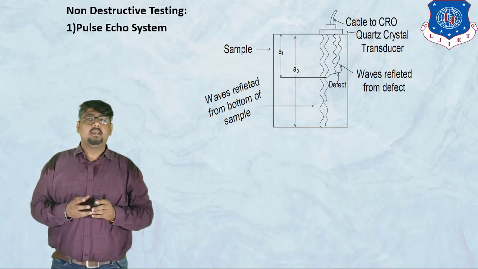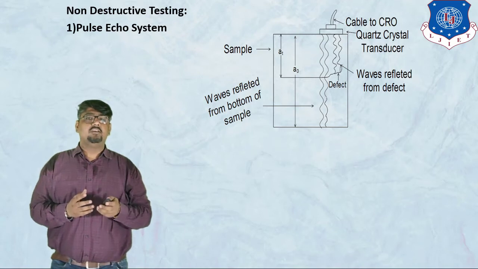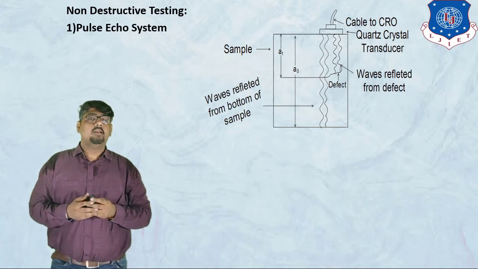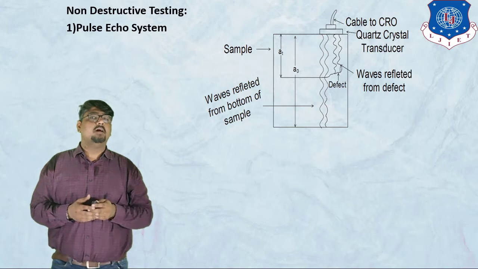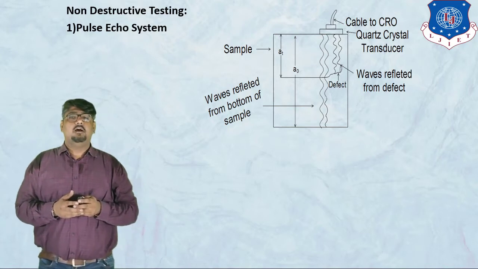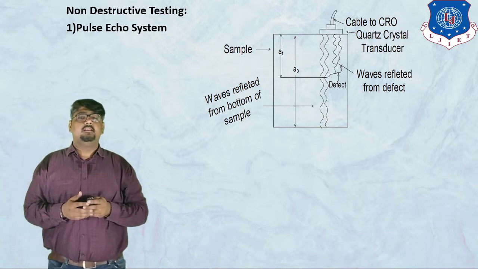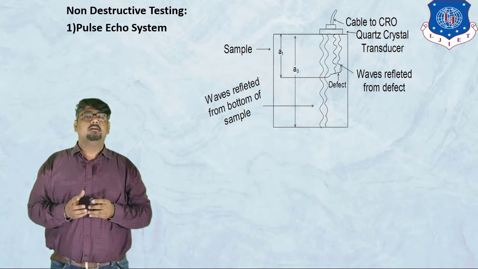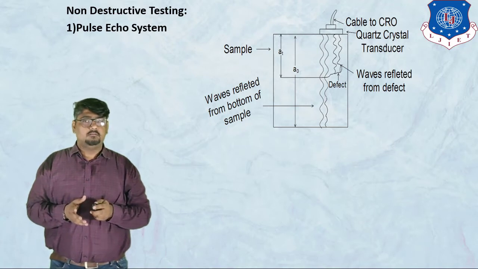For better contact between the surface and the probe, couplants like thin oil or glycerin are used. In this method, ultrasonic waves are sent at a given time interval from a pulse generator into the sample.